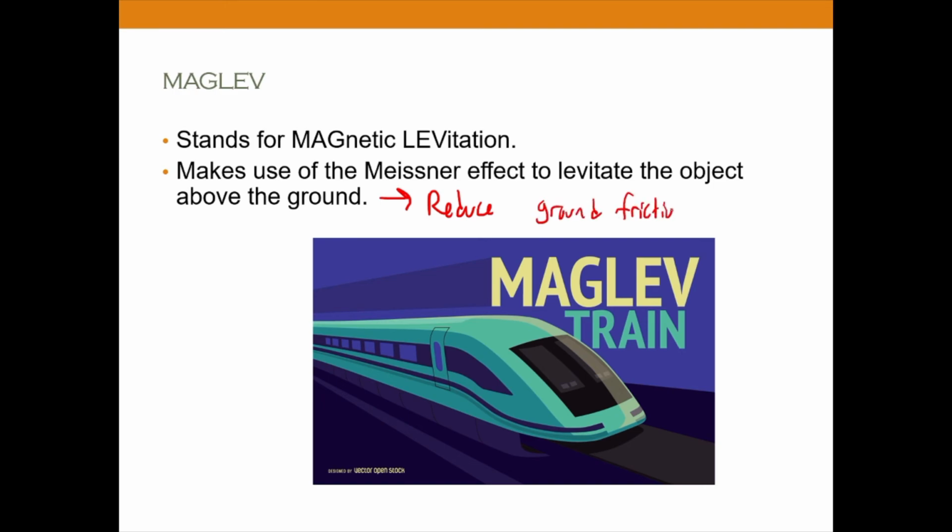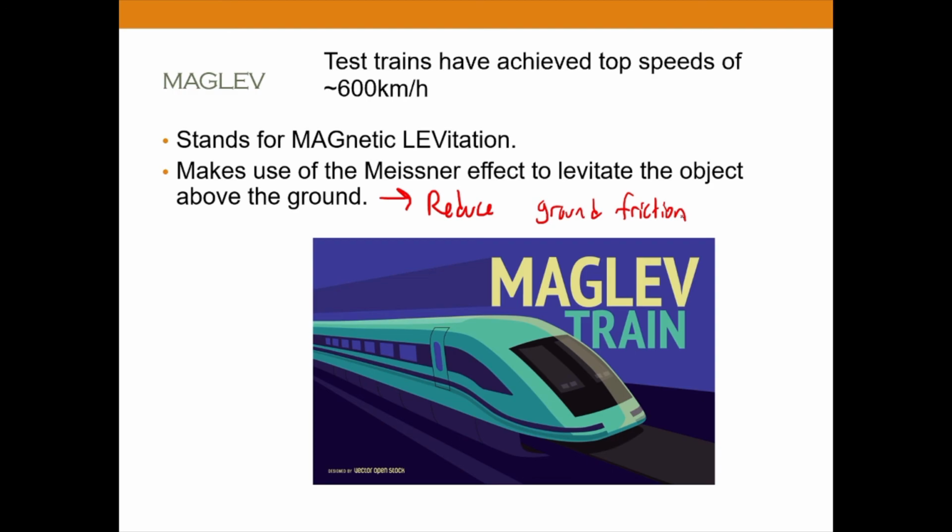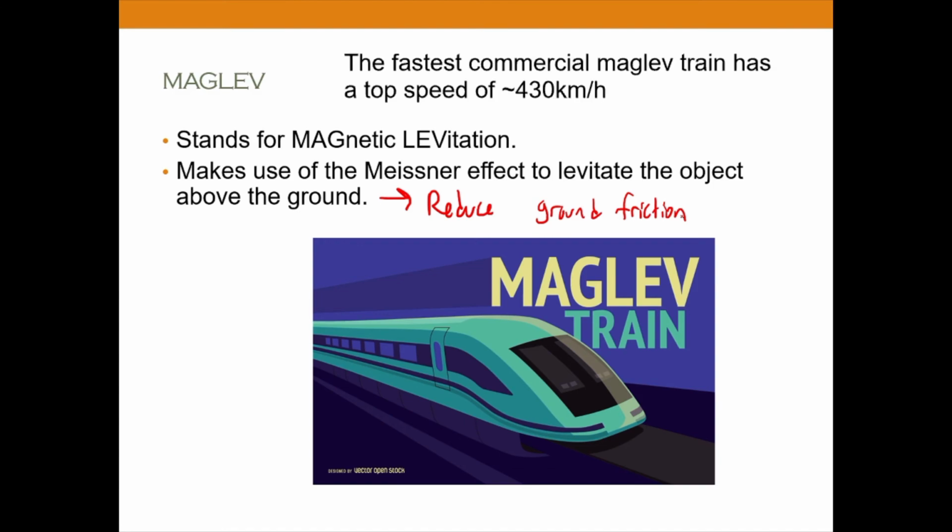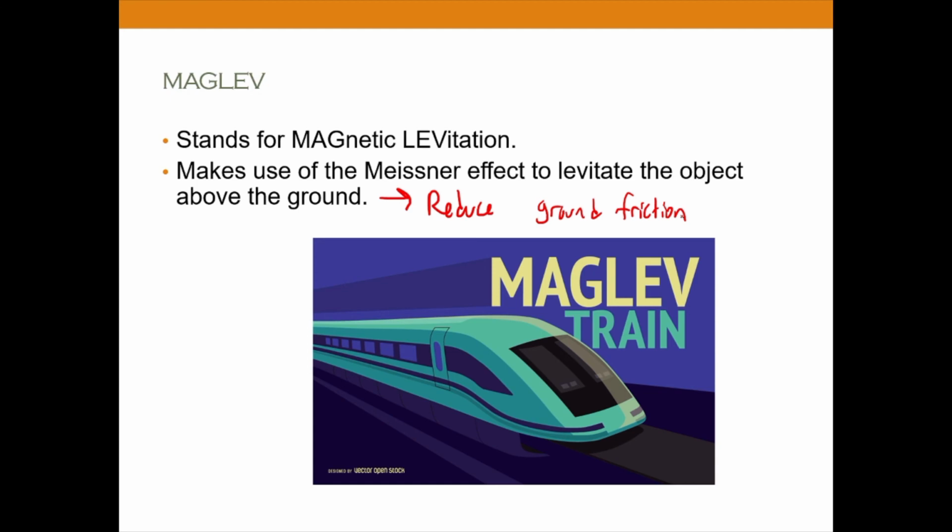And what this allows the train to do is travel really, really fast. So I think any form of magnetic bullet train uses this, and it allows a train to achieve speeds which it would normally not be able to using traditional rail and wheels. And it basically just uses the Meissner effect to a much larger degree.